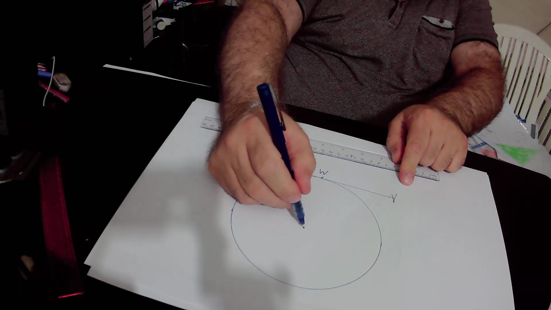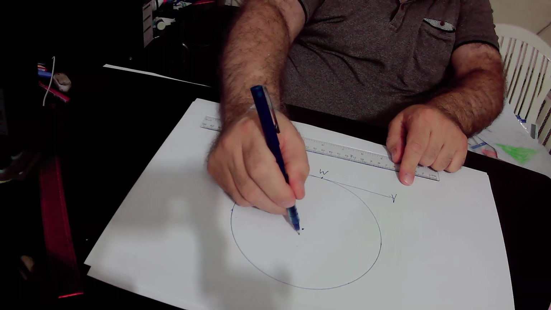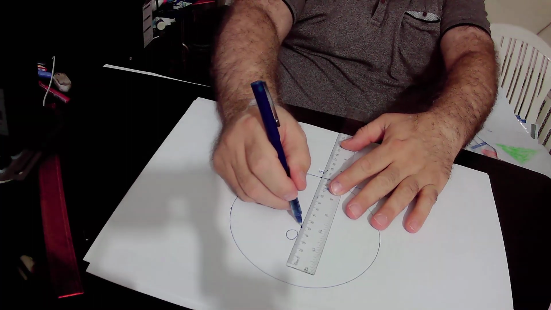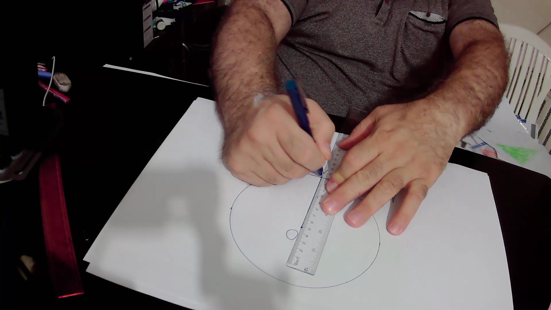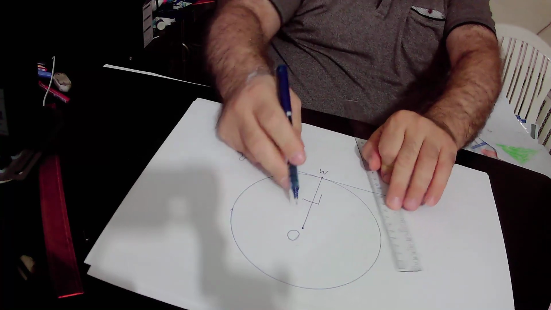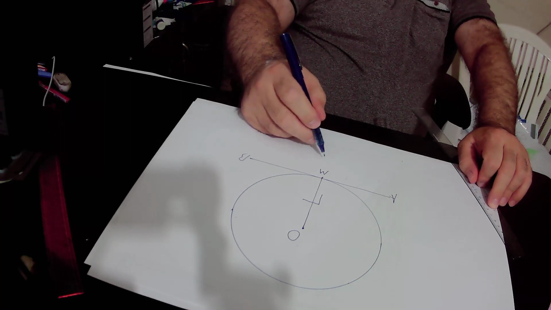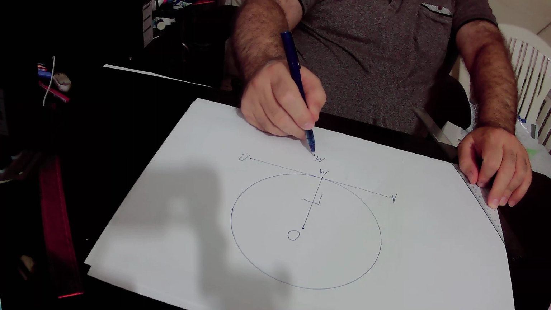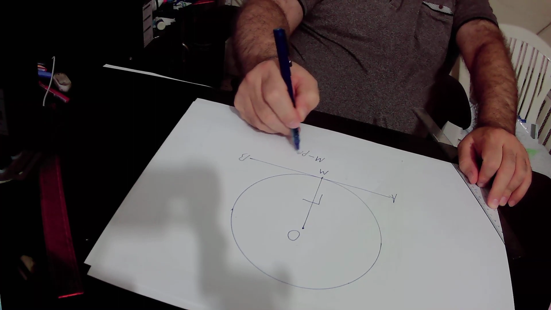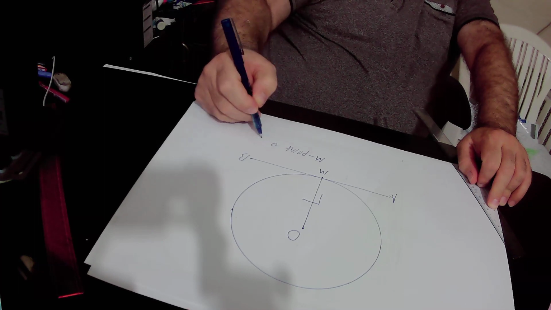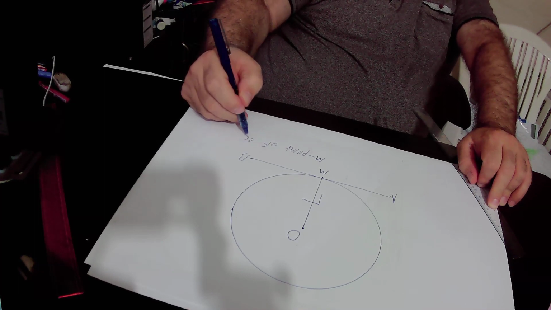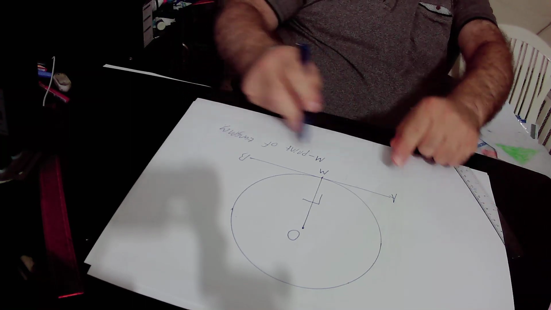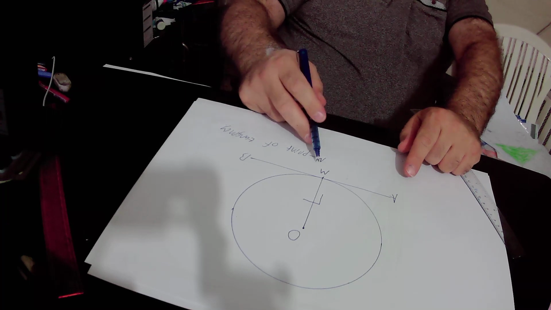We will define the center of this circle as point O, and we have the radius R that is drawn to the point of tangency, that is to say it is drawn to point M. I write down that point M is the point of tangency of tangent AB with this circle.